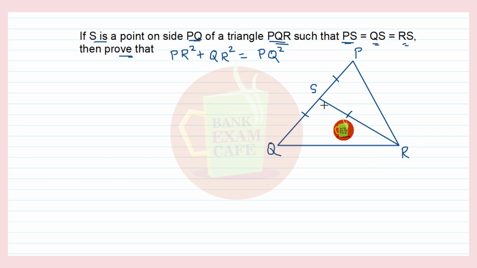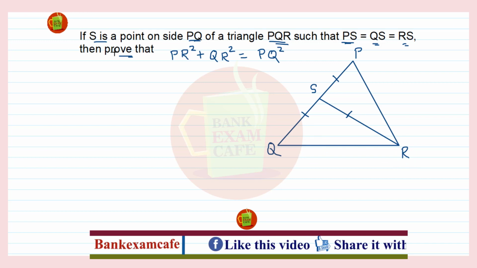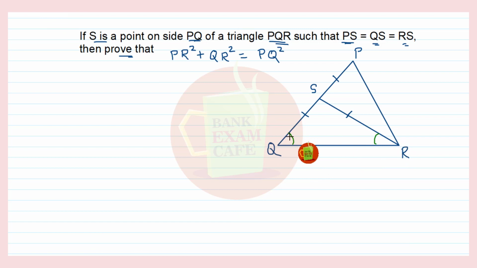So for that we will see that in triangle SQR, this SQ is equal to SR. These 2 sides are equal, and therefore the angles opposite to equal sides will also be equal, and so we can say that angle Q is equal to angle R. Similarly, in triangle SPR, this SR is equal to SP, this is given.